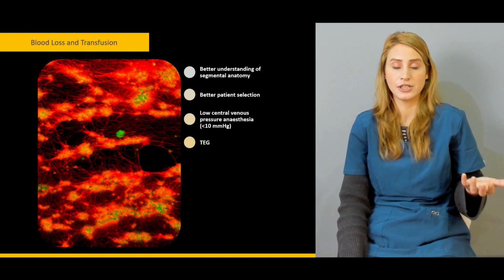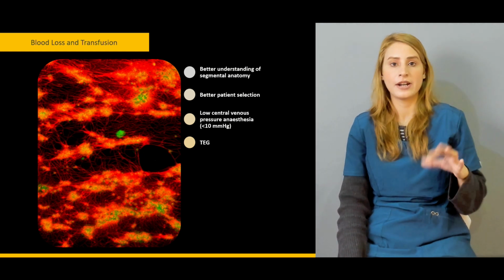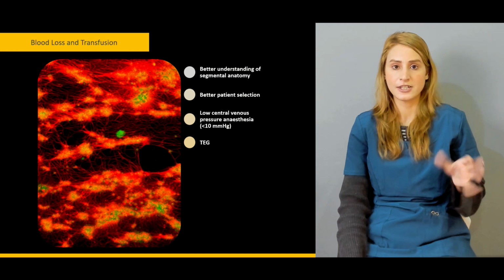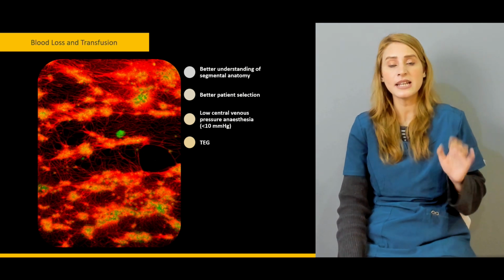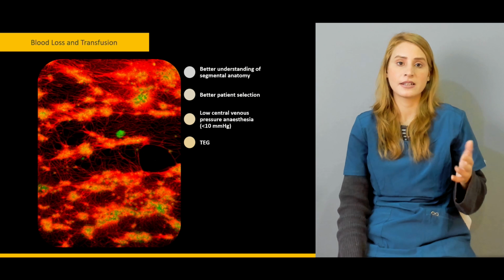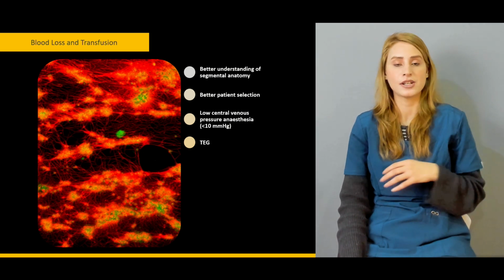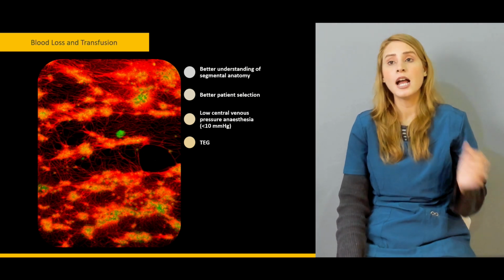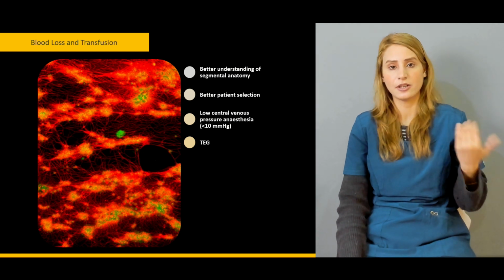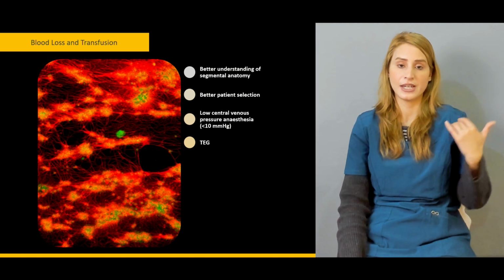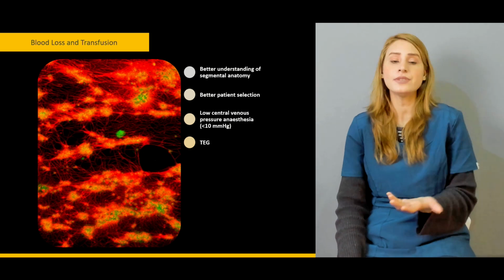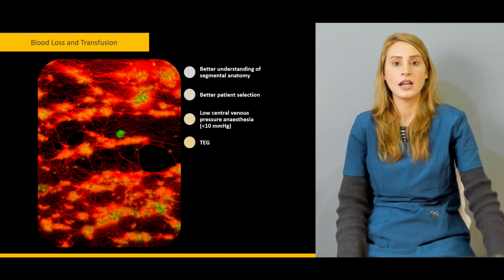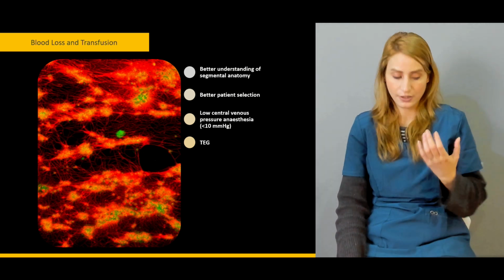It's ideal if you keep the pressure somewhere between 5 to 8. Some books give a cutoff value of 10, and some books give a cutoff value of 6. But keeping the CV pressure below 6 is important. For that, you can restrict the fluids, or you can put the patient on nitrates because they're good venodilators.